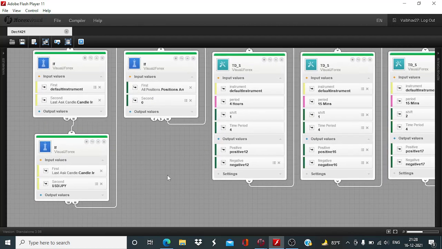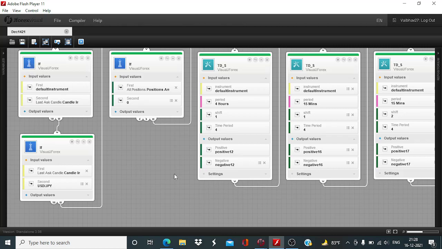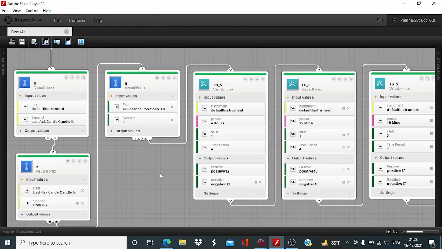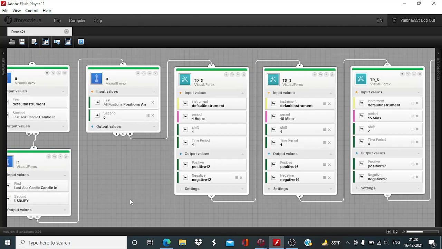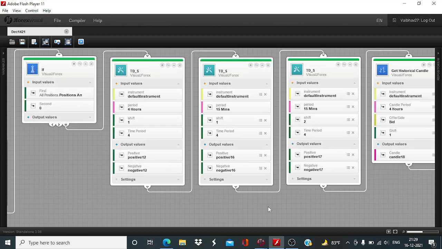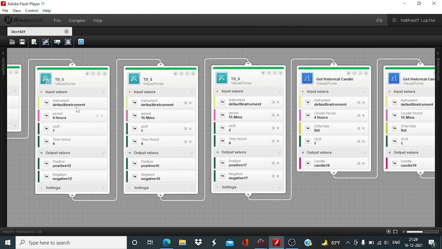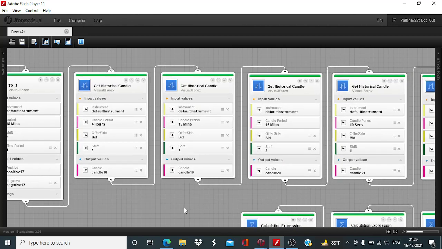We had put in place this formation in the last two sessions, where we have carried out the instrument subscription, where the instrument of choice is USD JPY, which is being matched with the candle instrument. After that, the position amount was defined at 0. These TDS blocks of varying candle periods have been added to look at the price volatility and take advantage of that.